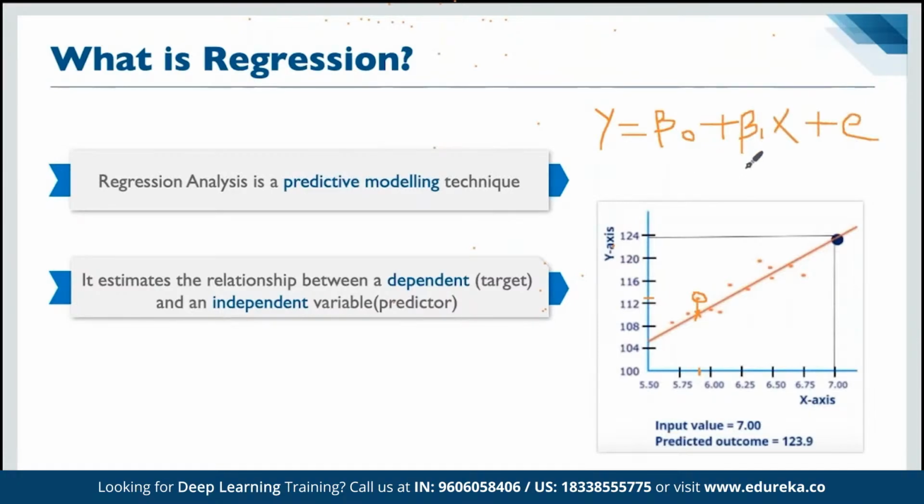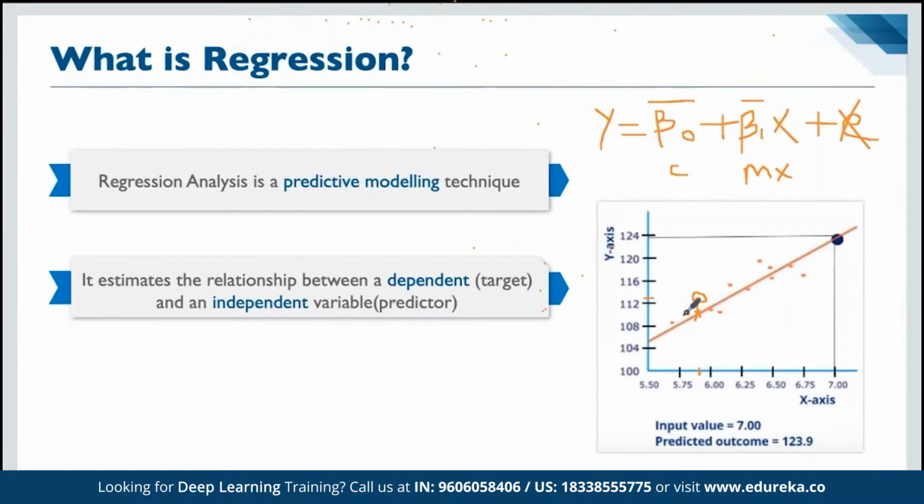Now here, this is your mx, which you have studied in school, and this is your c, slope and your intercept. So similarly, I'll get some values. Once I have the values for beta naught and beta 1, I can ignore this. Now whatever value I feed for x, I will get the value of y, and that's how I can predict.